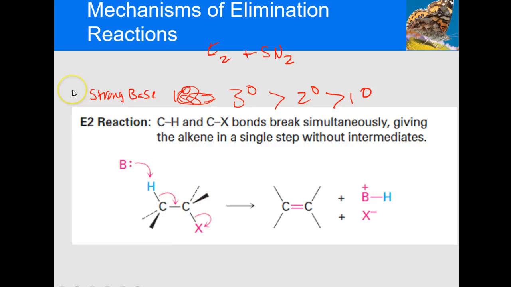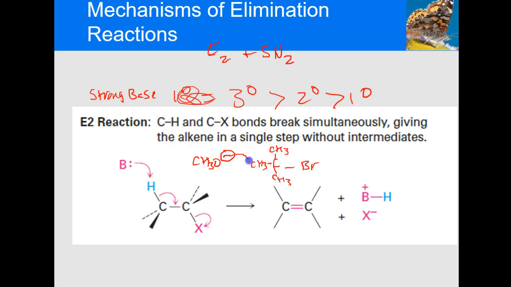So imagine I have a really substituted alkyl halide and a strong base. It can't squeeze in and attack this carbon. It can't get in there.